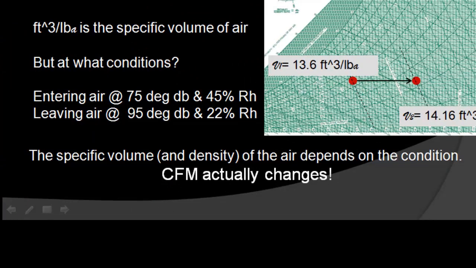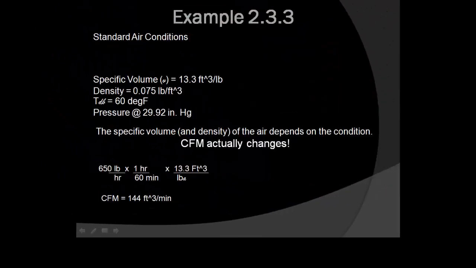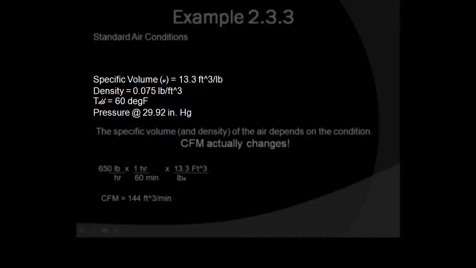Manufacturers of mechanical equipment know this, so in rating equipment, you might see reference to standard air conditions. Standard air may be expressed as having the following conditions: specific volume of 13.3 cubic feet per pound, the density of 0.075 pounds per cubic foot, dry bulb temperature of 60 degrees, and pressure at 29.92 inches of mercury.